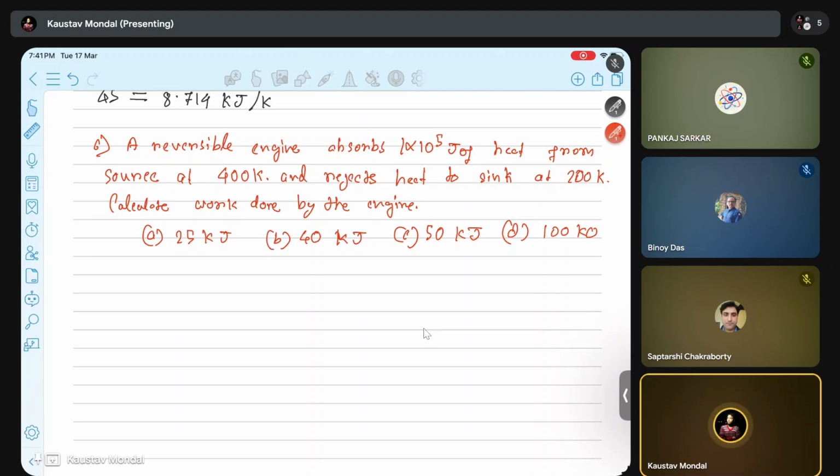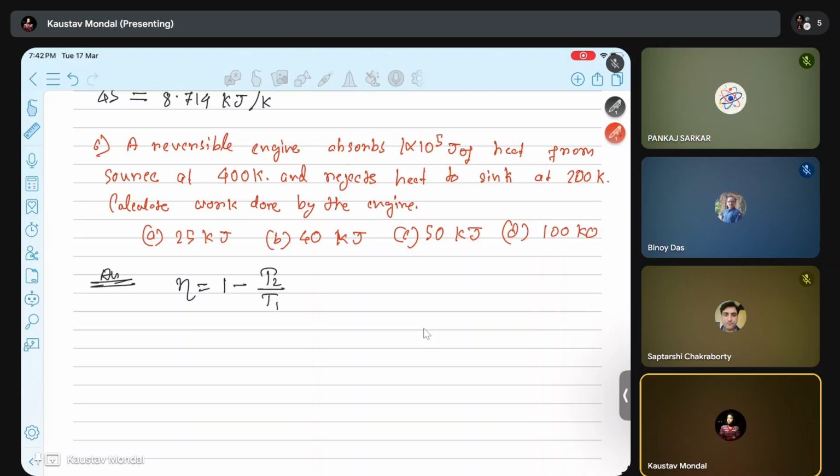Since it's a reversible engine, a heat engine, you can consider this engine as an ideal Carnot engine. You can use the formula of the Carnot engine here. For a Carnot engine, eta is equal to 1 minus T2 by T1.